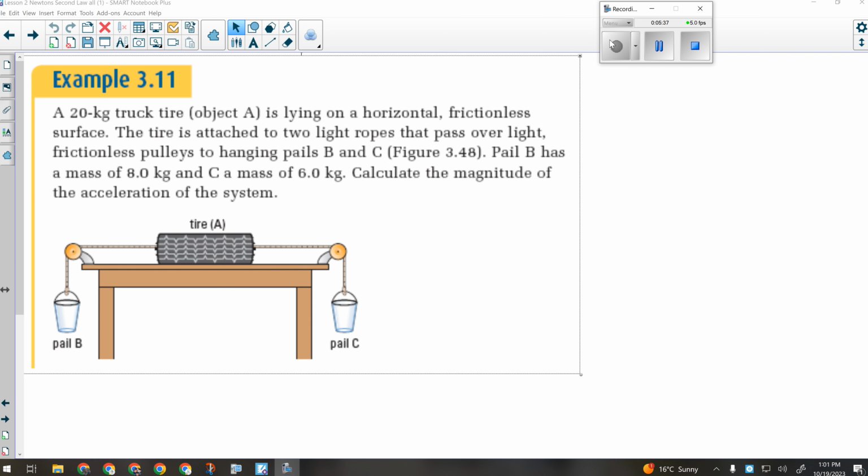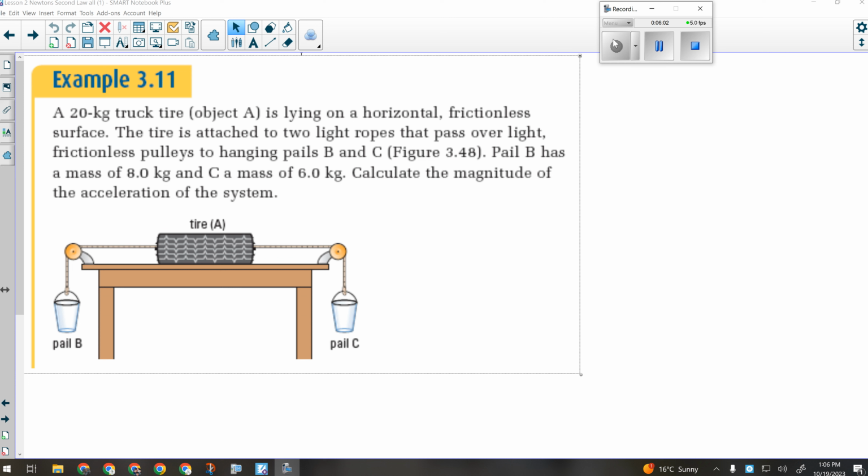That's nice, they didn't ask you for one particular part. So what do you not need on your answer? Direction. Yeah, you can't put a direction. It asks for the acceleration of the system. One of those pails is going to move up, one of them is going to move down, the tire is going to move sideways. I'll give you a few minutes on that one, and we'll walk through it.